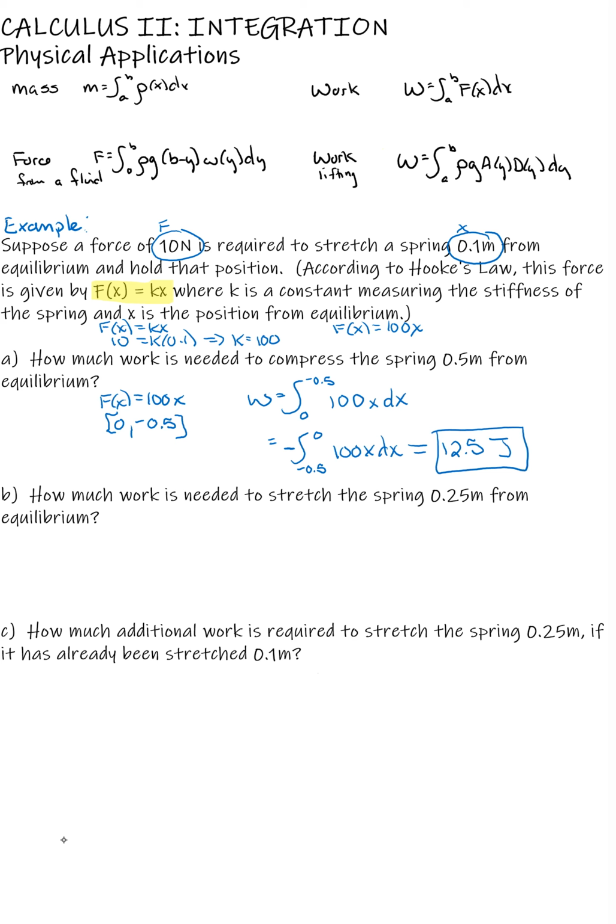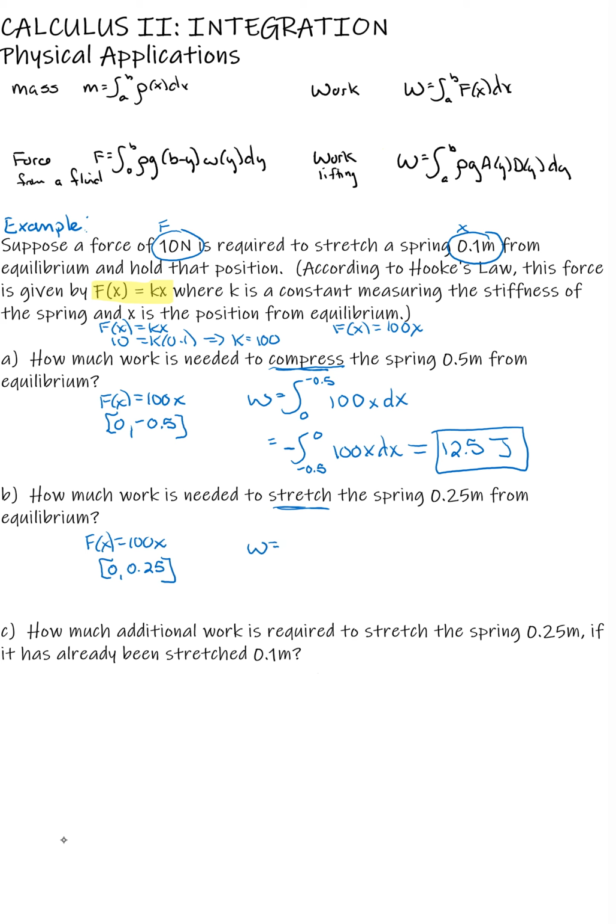All right, moving on to part B. How much work is needed to stretch the spring 25/100 of a meter from equilibrium? So the first one, remember, we were compressing it, but here we are stretching it. We're still using f of x is equal to 100x, but now we're going to go from equilibrium, 0, to positive 25/100. So we're stretching it. It's the same situation though.